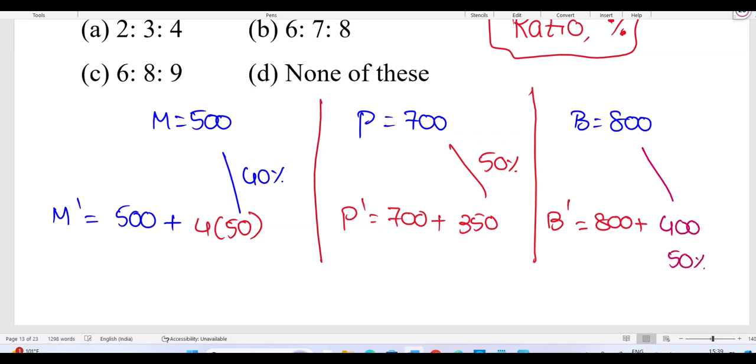Then half of that is 25%, so adding gives 75%. Similarly 70: 400 is 50%, half of that is 25%, 200, adding I got 75%. If I want 45%, how to calculate? Calculate 50%, divide by 10 to get 5%, subtracting gives 45, adding gives 55. I want 60, so I calculate 50 and 10.